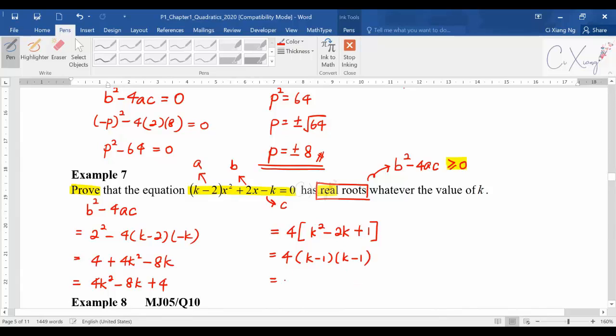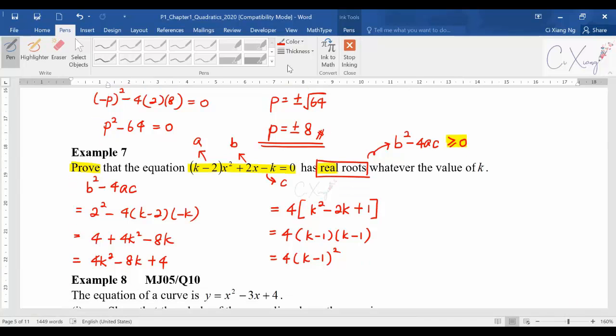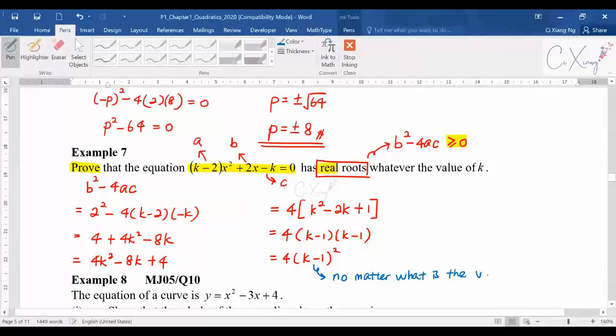Eventually you will have 4 times (k minus 1) squared. So when you have (k minus 1) squared, what does it mean? That means for this bracket itself, no matter what the value of k is, (k minus 1) squared is always positive.